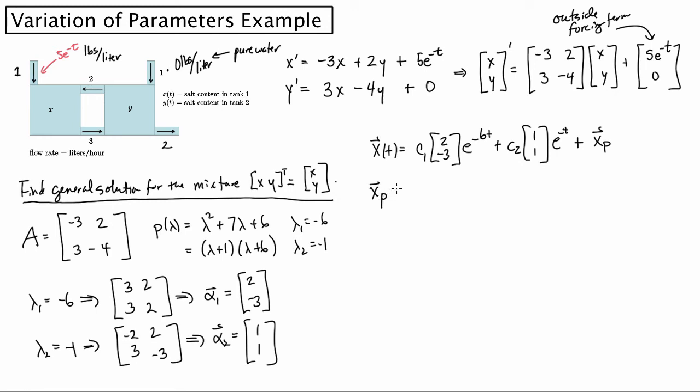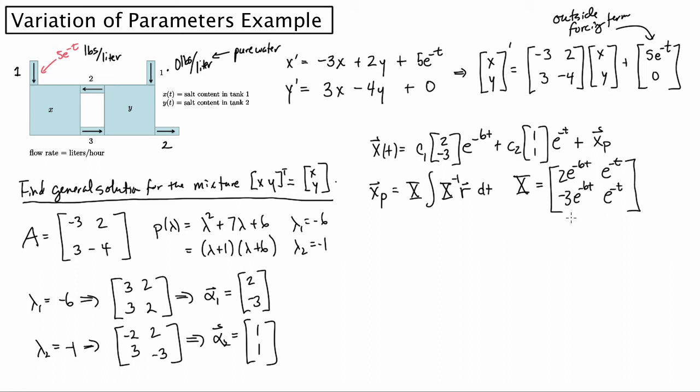Well, it's equal to the fundamental matrix times the integral of the inverse of the fundamental matrix times the vector r dt. So what is the fundamental matrix for this problem? Well, it's simply the columns of the fundamental set. So the fundamental set of solutions is 2e to the -6t, -3e to the -6t, e to the -t, e to the -t. So that's our fundamental matrix.